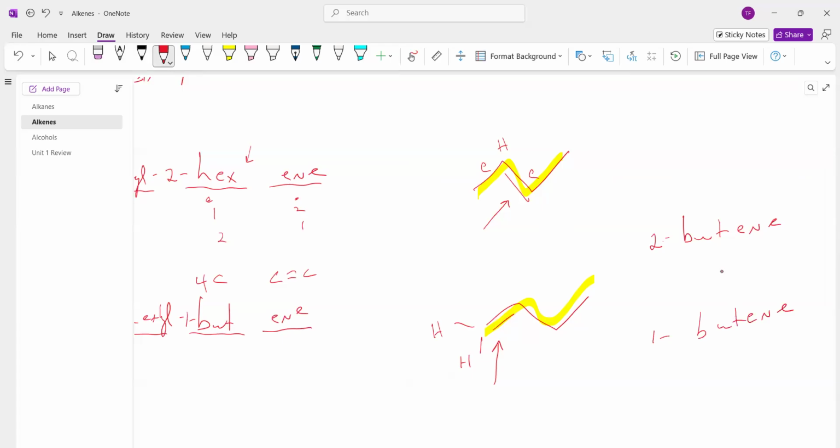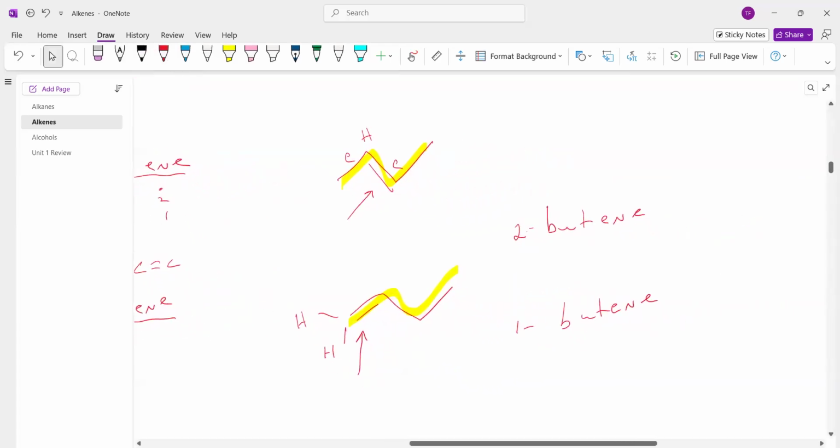However, if I started with 2 butene, there are 2 molecules that can be drawn from 2 butene. This is what they look like.